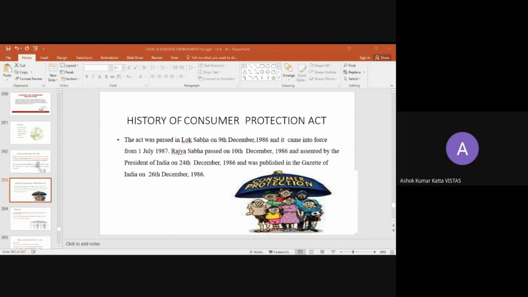So by that time what we are supposed to do is file a case against the company.